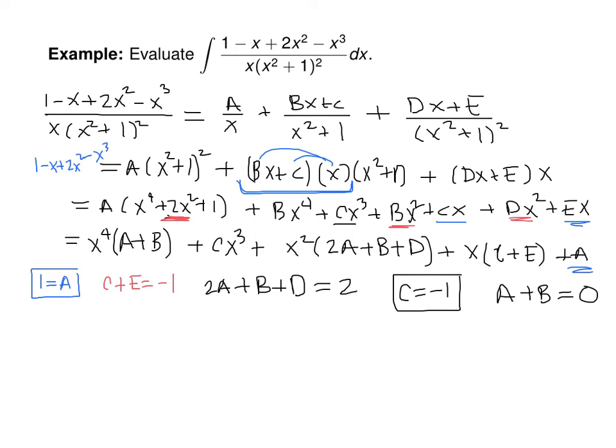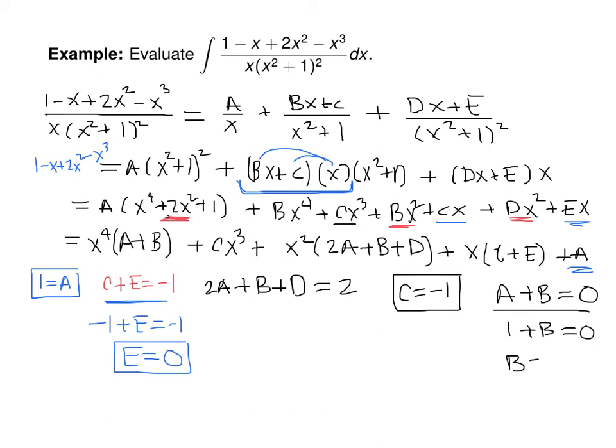And now let's use all this information. Since c is equal to -1, I can plug that into this equation, and I'll have -1 plus e is equal to -1, therefore e is equal to 0. Since I know that a is 1, 1 plus b equals 0, therefore b equals -1.